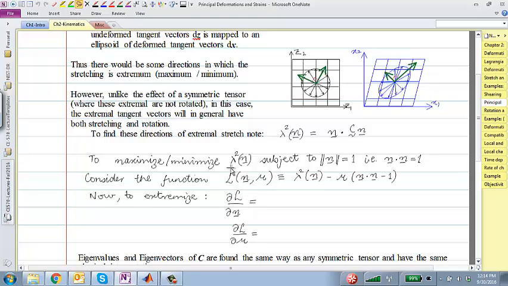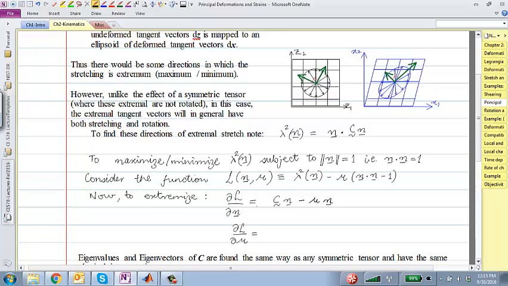Take the partial of this Lagrangian function, where L stands for Lagrangian, with respect to n. What would that be? Lambda square is nothing but n dot with Cn, so what we get here is C acting on n, and the derivative of the constraint term with respect to n is minus mu n.